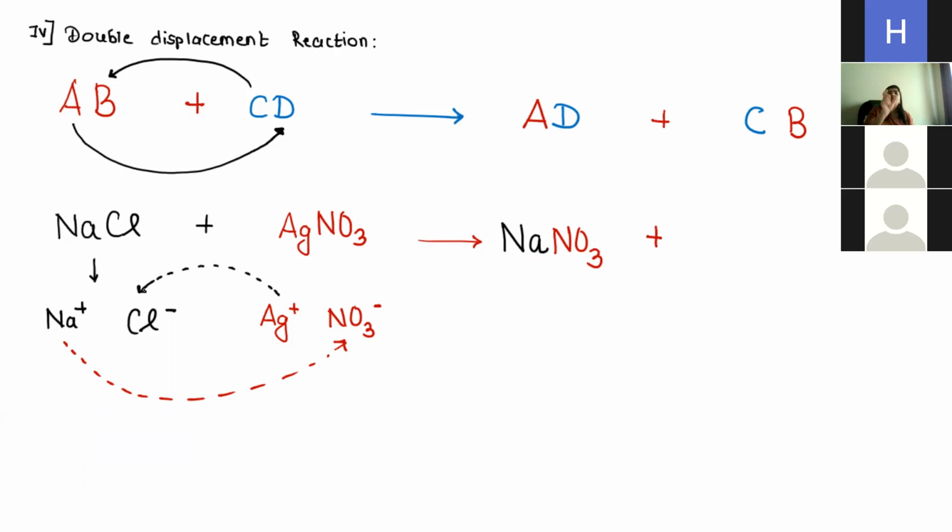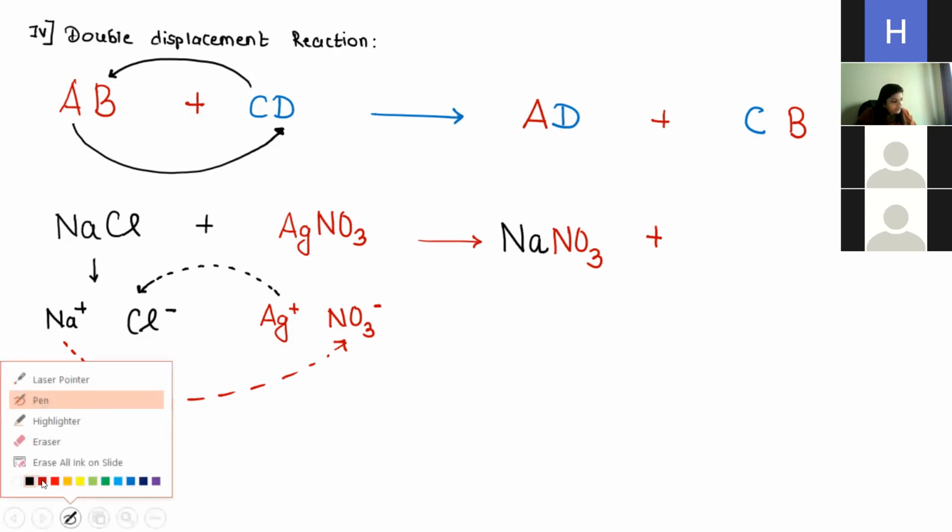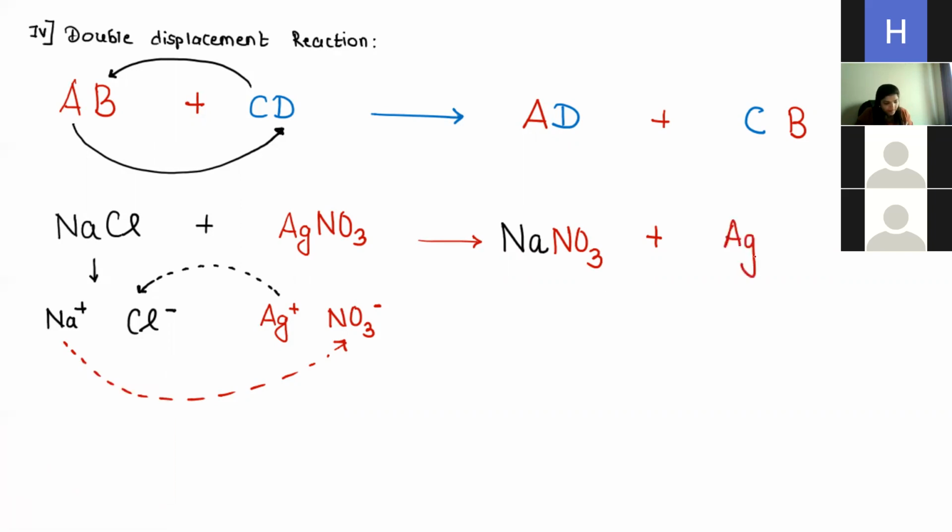Always the compound will be first positive, second negative. So you cannot write negative positive. You have to always write positive negative. So that's the reason you will get AgCl. So this is sodium chloride plus silver nitrate gives you sodium nitrate plus silver chloride.